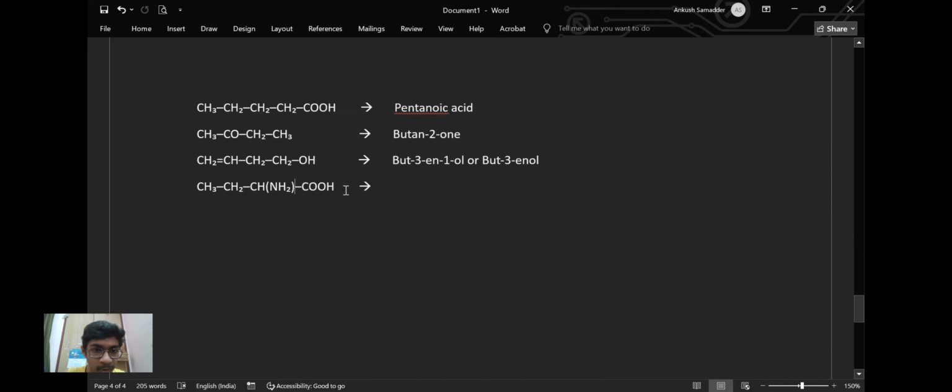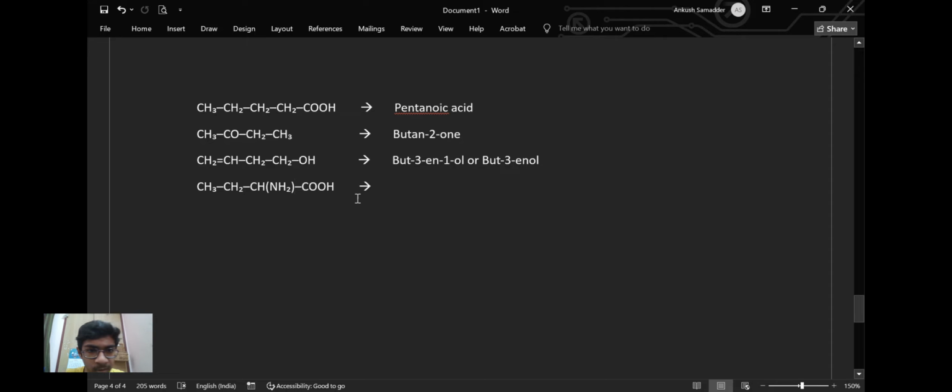Look at this compound very carefully. Here two functional groups are there. We'll write one as the prefix because we cannot write both as the suffix.